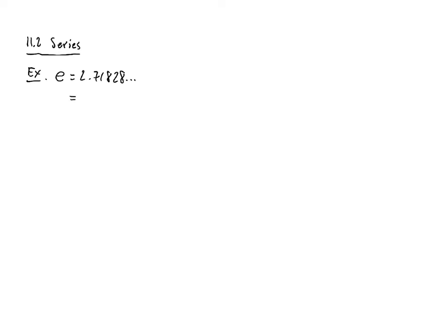So I can get e by adding up the first decimal digit, 2.00, plus 0.7, plus 0.01, plus 0.008, and so on.